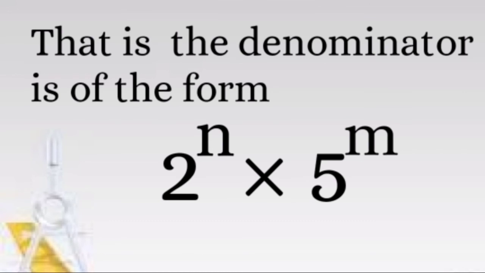That is, the denominator of all these rational numbers is of the form 2 raised to n into 5 raised to m. This result can be written as a theorem.